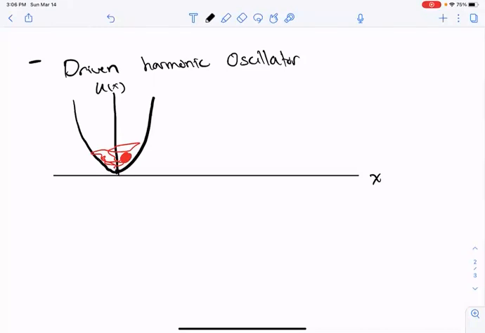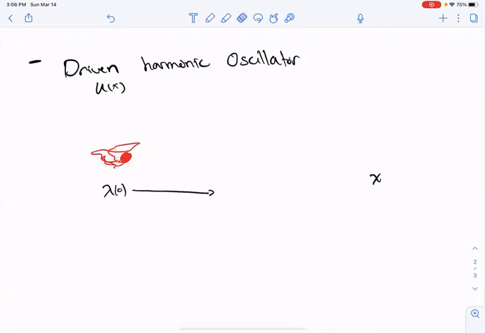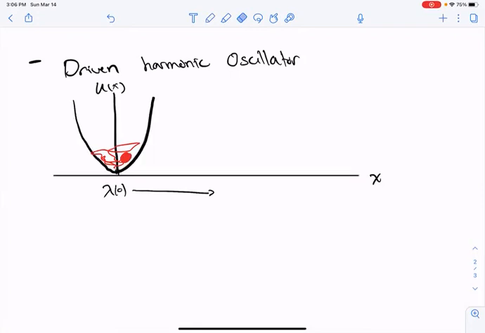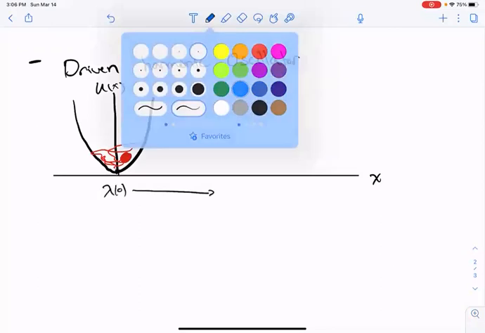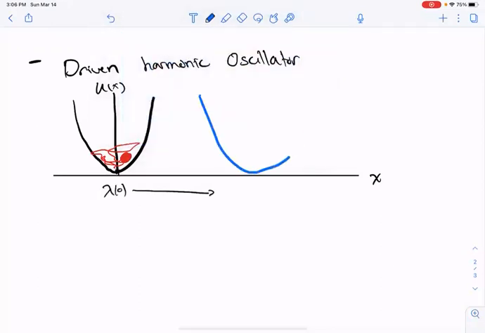And we're going to imagine driving this system through the application of some time-dependent protocol, lambda, from some initial lambda that for convenience we will center at 0 initially, to some arbitrary final position. Oh, that's a terrible harmonic oscillator. Like so.